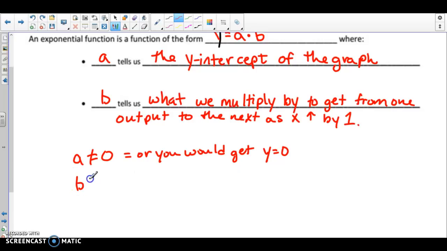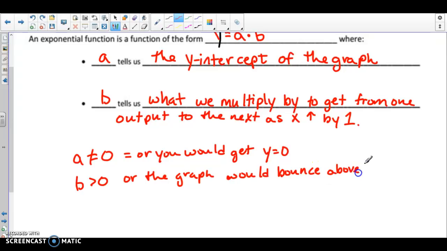Okay, b has to be greater than 0, or the graph would bounce above and below the x-axis, which isn't necessarily a constant motion.